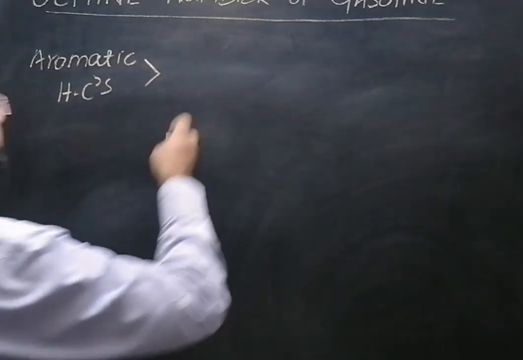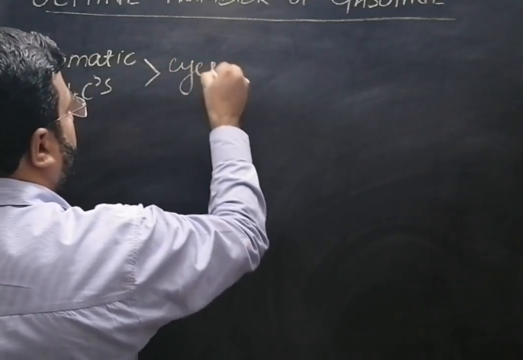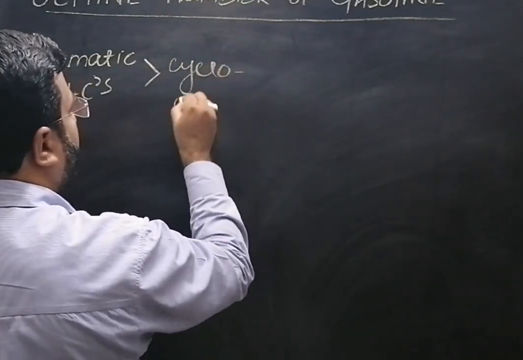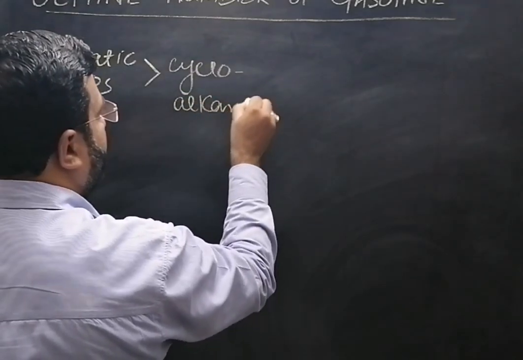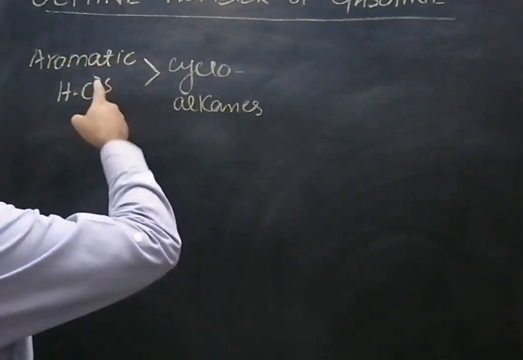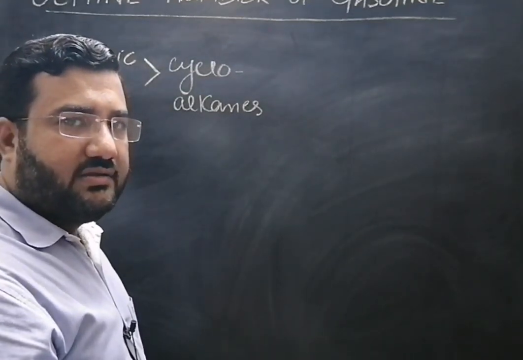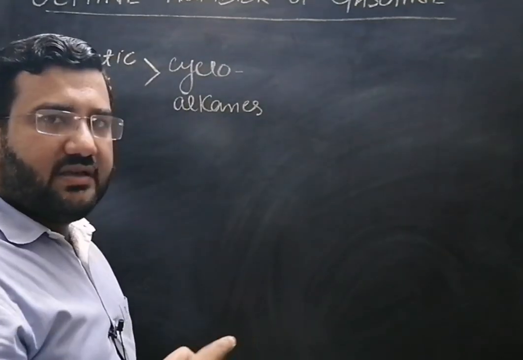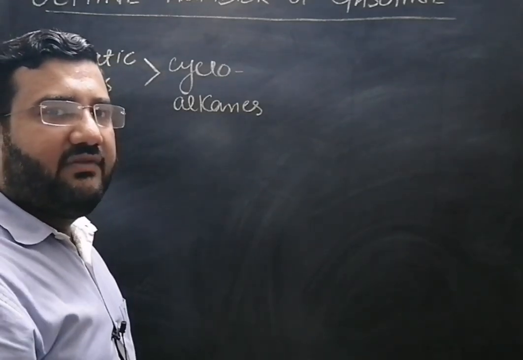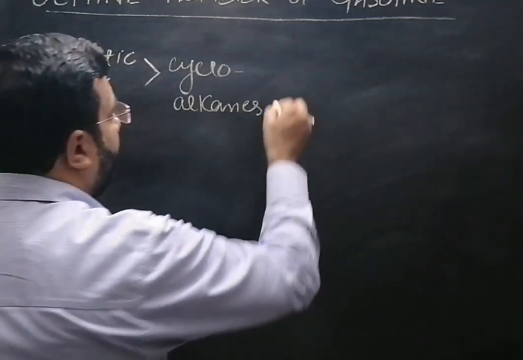Now the second one is cycloalkanes. Cycloalkanes have lower octane number as compared to aromatic hydrocarbon and they have greater chances of knocking in the engine, or they have lesser resistance to knocking.